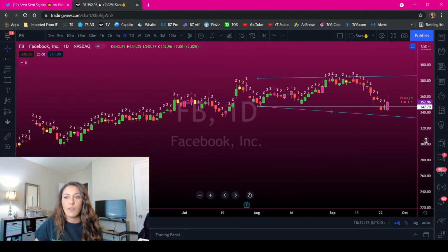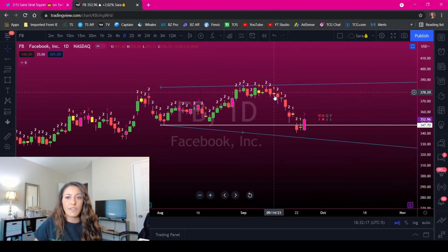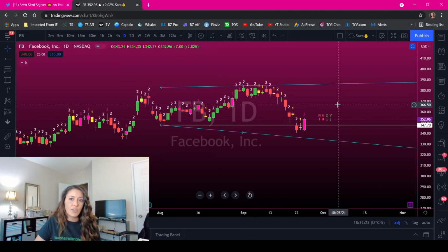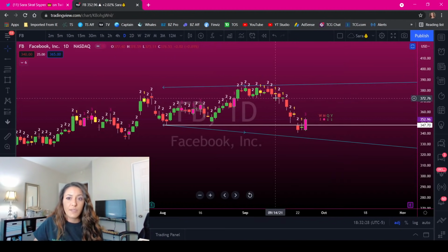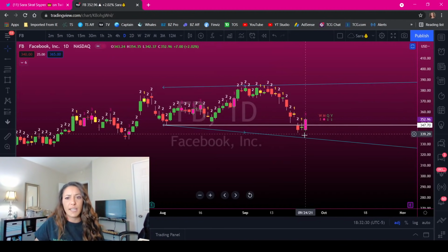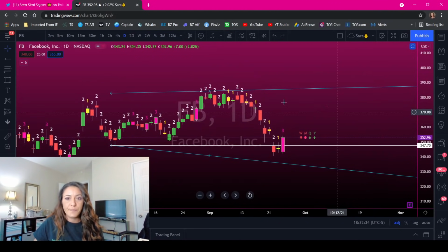Again, once this broadening formation starts happening, you look for signals to the downside, knowing that your target is 347.70. So however you want to trade that, however you play your options, you can do it. So we had so many actionable signals to the downside on Facebook. You had this inside and down, this inside and down, this inside and down, except this one wasn't actionable because of the giant gap.